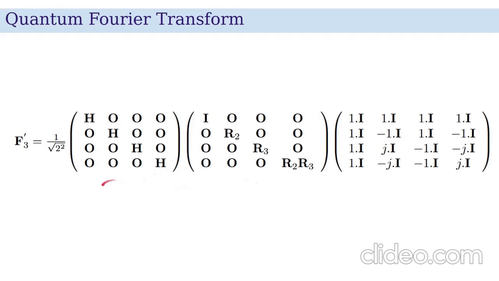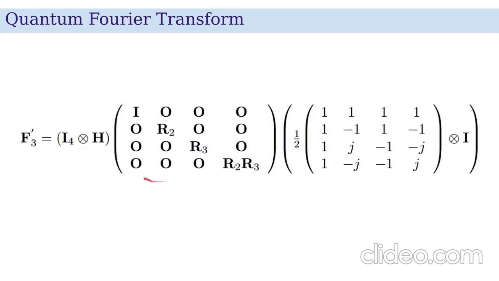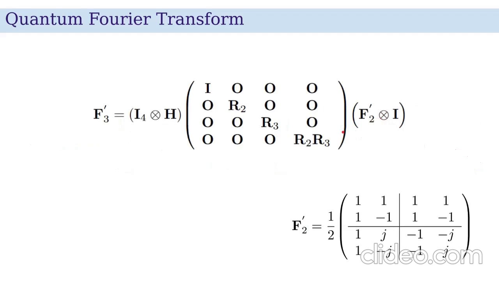The first matrix seems like H is multiplied to a 4 cross 4 identity matrix. In fact, it is a tensor product of a 4 cross 4 identity matrix and the Hadamard matrix, denoted with a circled cross symbol. Similarly, there is another tensor product in the last bracket.